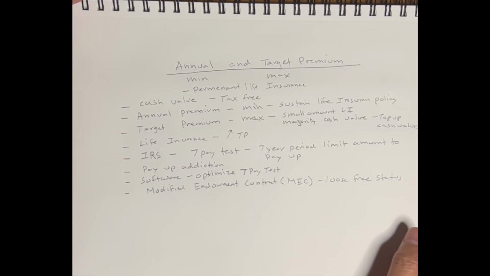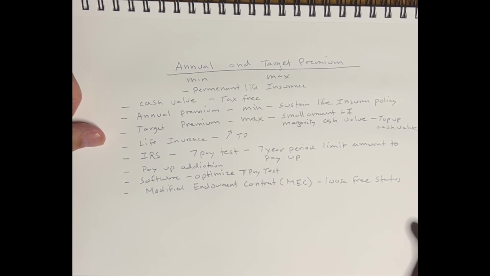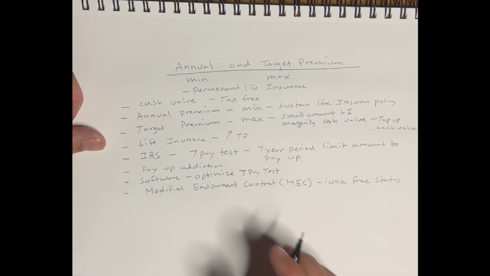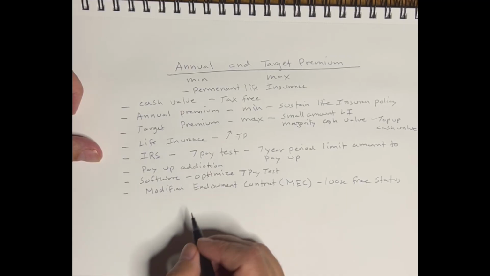Any withdrawals you make out of the policy before age 59 and a half, you have to pay a 10% penalty, as well as taxes on the growth of the cash value. So we want to prevent it from becoming a MEC. We want it to stay within the 7-pay test rule, and that's why we take advantage of the annual and target premiums. So let's give an example.